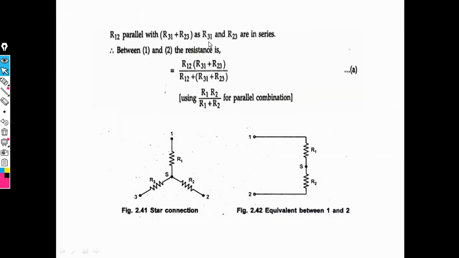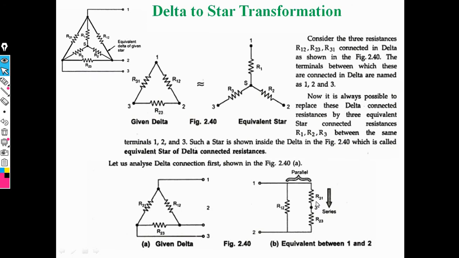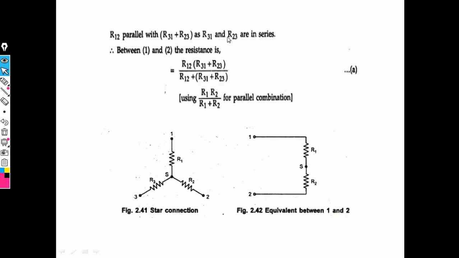Now this is the parallel, but R31 and R23 are connected in series. Since R31 and R23 are connected in series, we take the addition, it is plus, because both are connected in series.